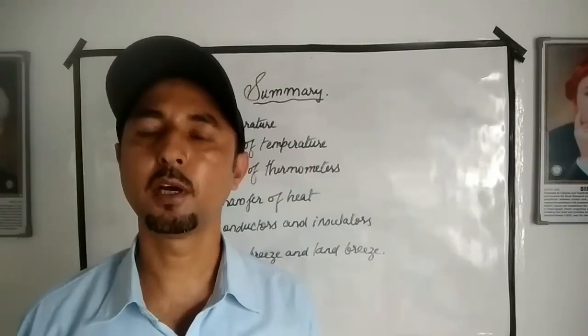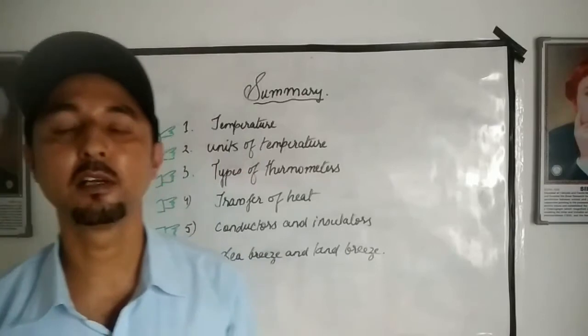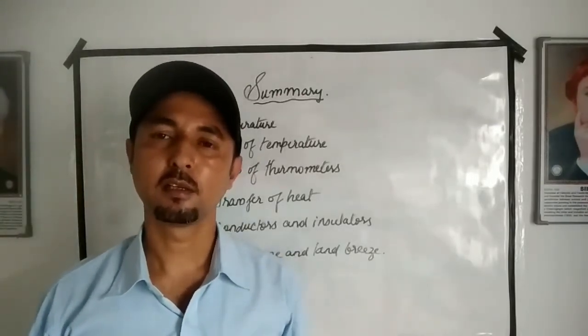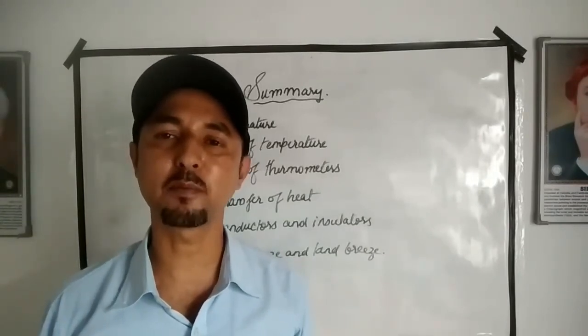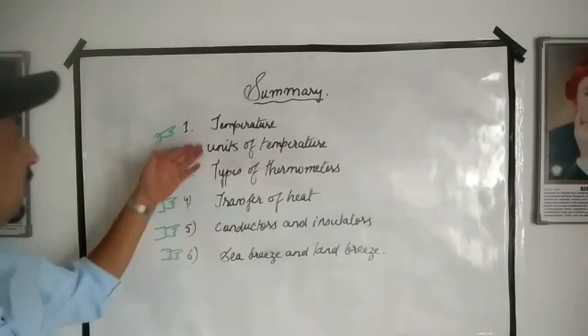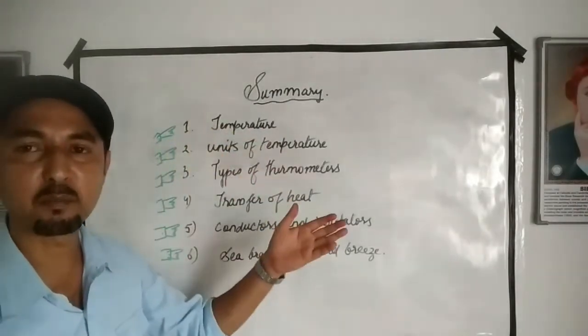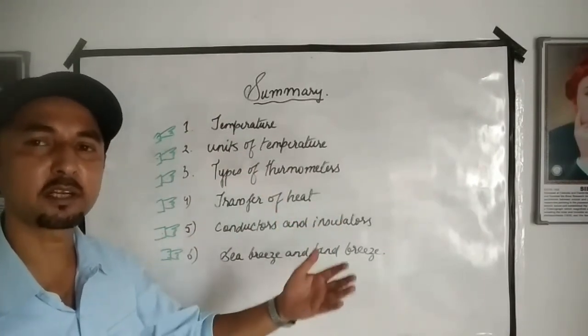I hope you have understood the various points that we have discussed in this chapter, students. Now let us see briefly, let us have a summary of whatever we have learned in this chapter. We have learned about the temperature, the meaning of temperature, hotness, coldness of an object.